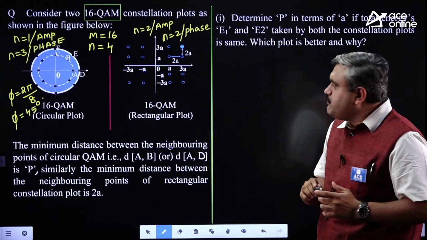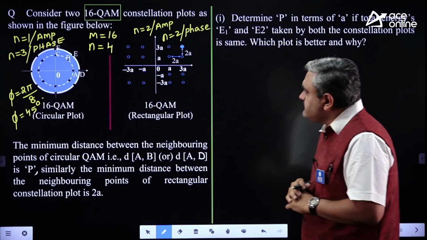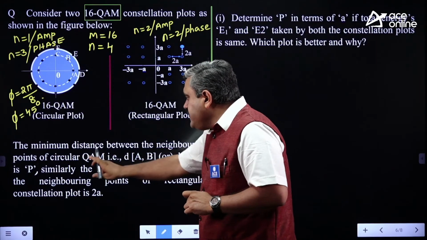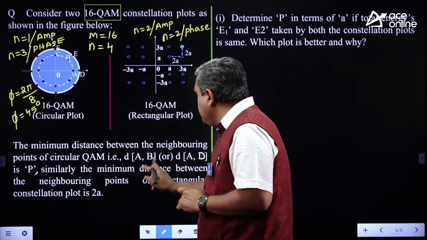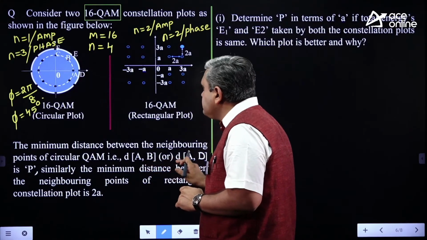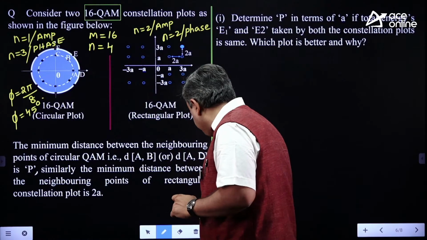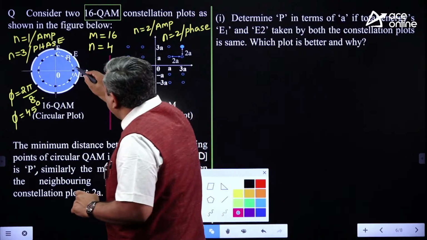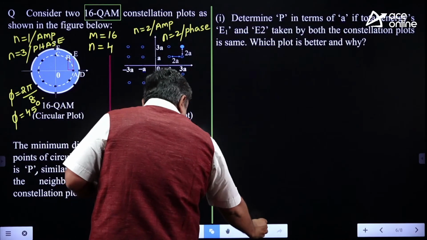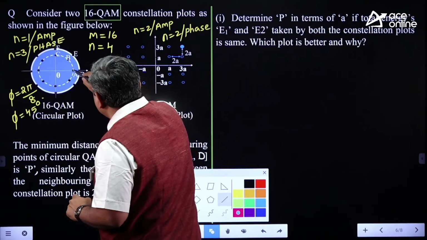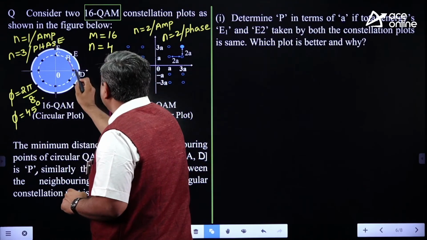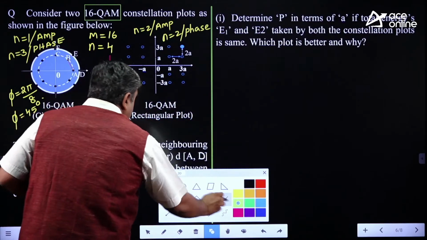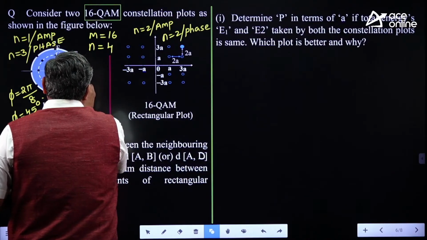Right. This is one set of points. Now, what I am asking here, see the data, the data is not yet completed. The minimum distance between the neighboring points of circular QAM, that is the distance between A and B or the distance between A and D. That means if you take either the distance between this A and B, this one, or the distance between this A and D, this one, the distance between these 2 points is equal.